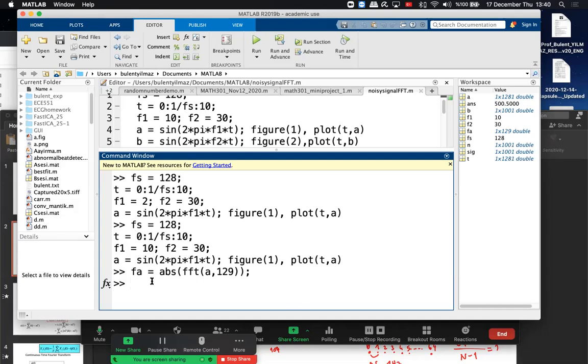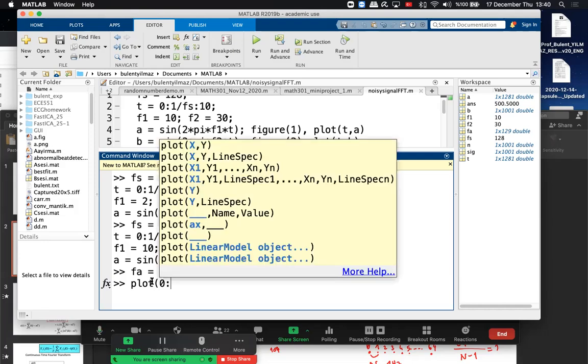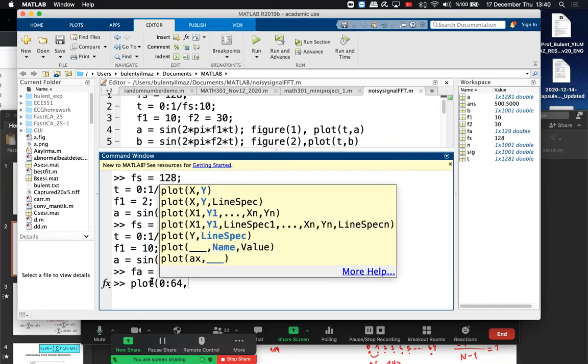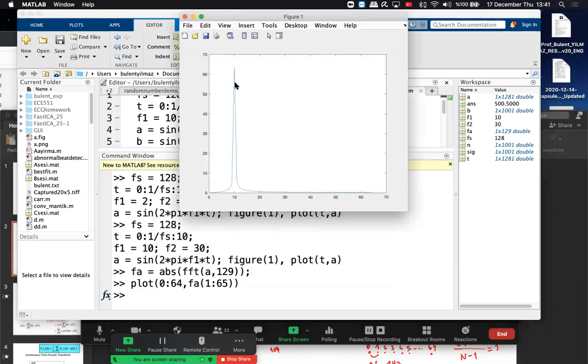But I'm interested in the first half for plotting from 0 to 64 hertz. I need half of my FA. Ama half'ı 129 değil de 128'in yarısı yapıyorum. So 64, 65. Now here is my FFT between 0 and 64 hertz.